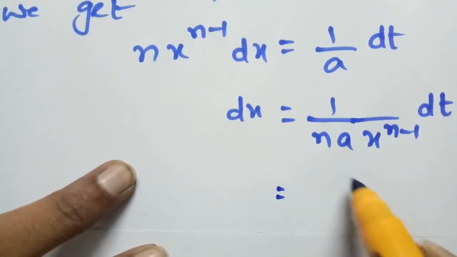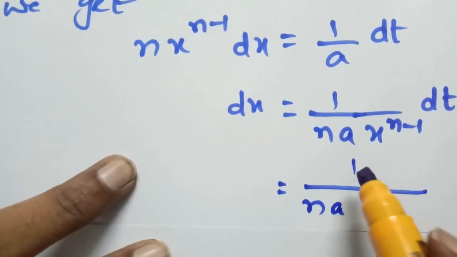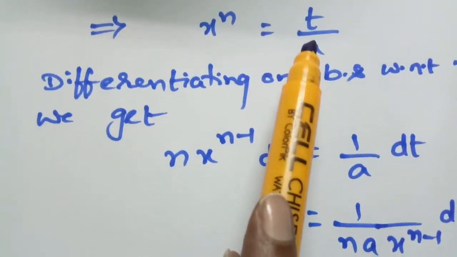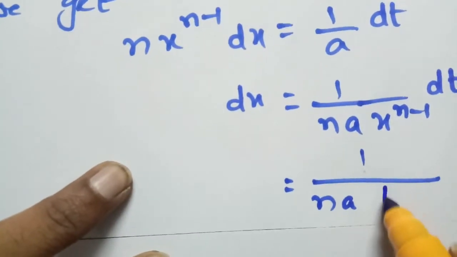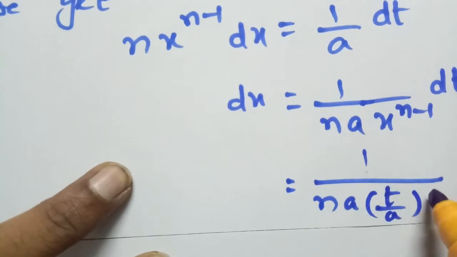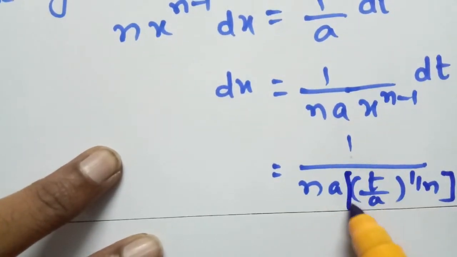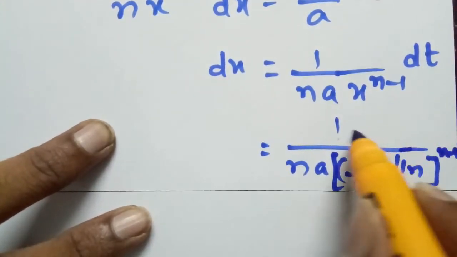This can be written as 1 by n into a into x power n is equal to t by a. x is equal to t by a whole to the power of 1 by n. Therefore, (t by a whole to the power of 1 by n) whole to the power of n minus 1 into dt.